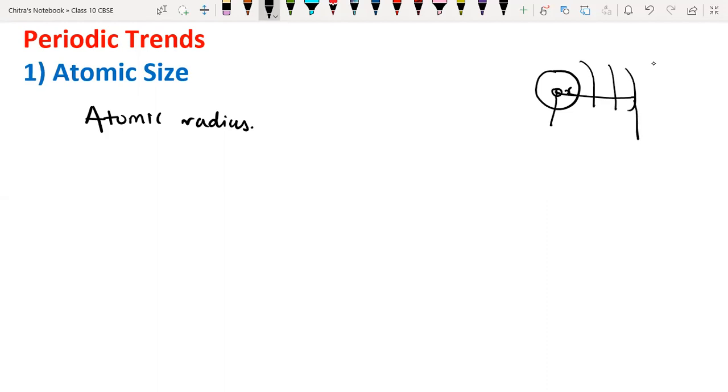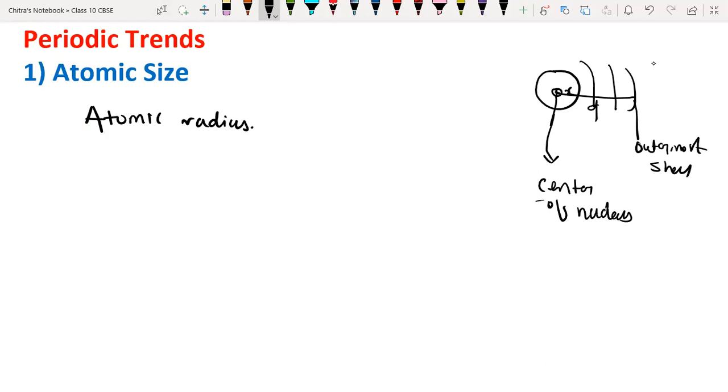Here we have the outermost shell, and here we have the center of the nucleus.